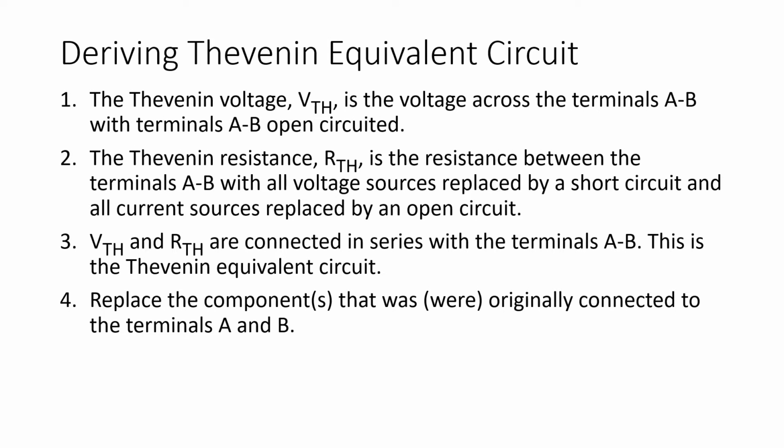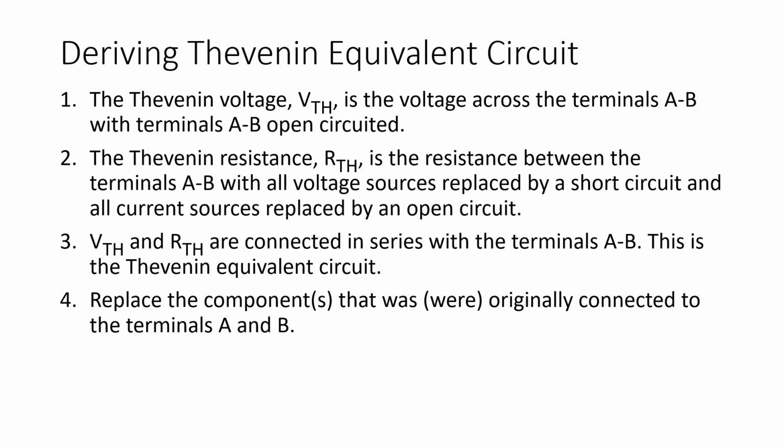Now in this video we'll look at a couple of examples or applications of Thevenin's theorem where we only have a single resistance connected across these terminals A and B. However, understand that there could be many components or even a sub-circuit connected to terminals A and B. And these components could include capacitors, diodes, transistors, the list goes on and on.